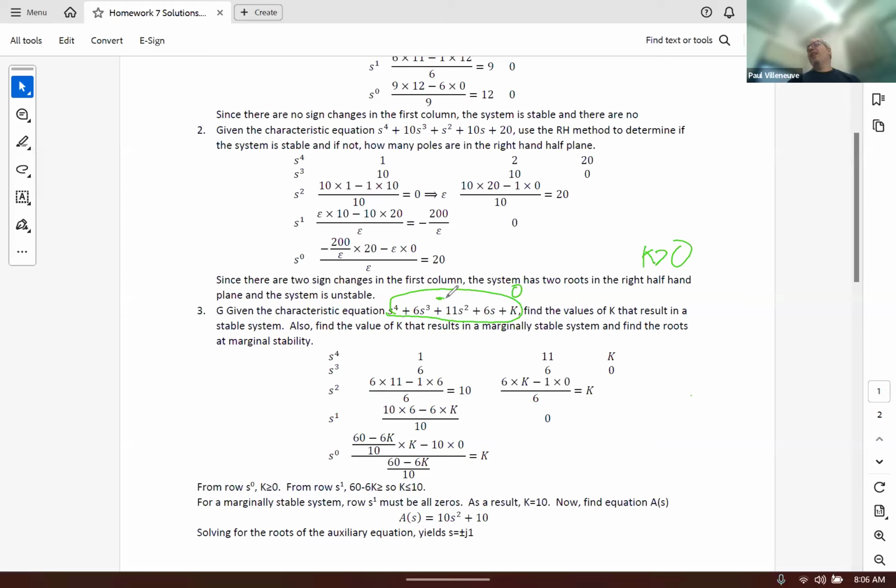There's no values of K that result in a stable system because you have a sign change in the characteristic equation, and because of one of the necessary but insufficient conditions that states you only have to have all positive or all negative coefficients. So I don't even have to do the work, right? You just proved you understand the concepts without doing the work.